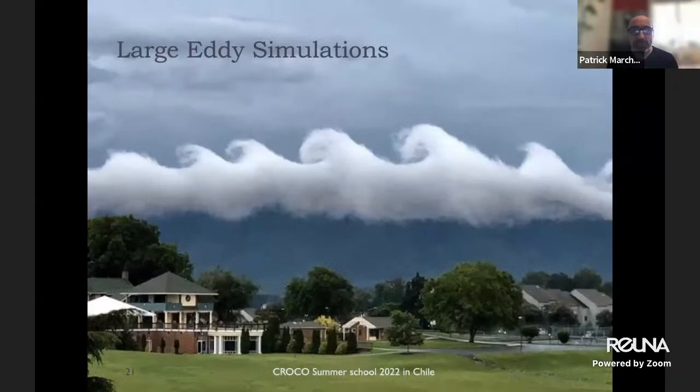Okay, I have talked about waves and the test cases that validate the simulation of waves in CROCO. I will start now talking about eddies, and particularly large eddies, that is, eddies that are three-dimensional.